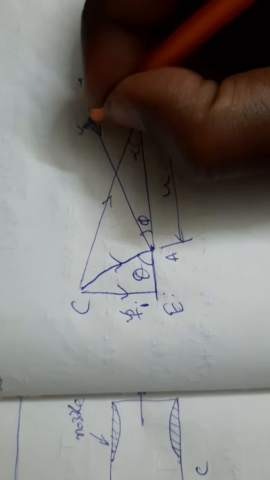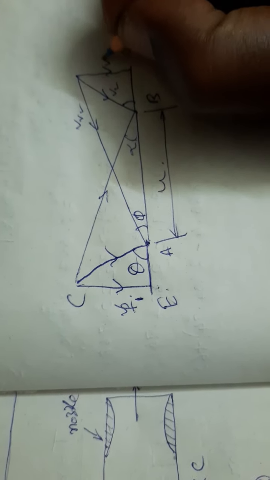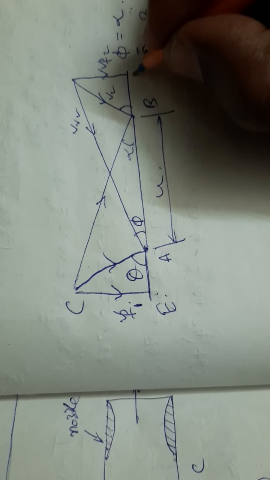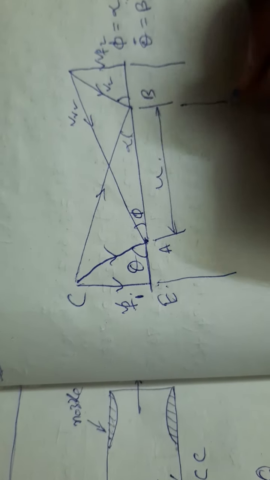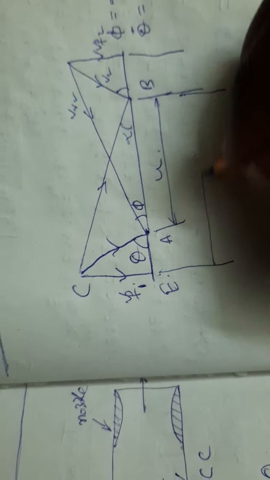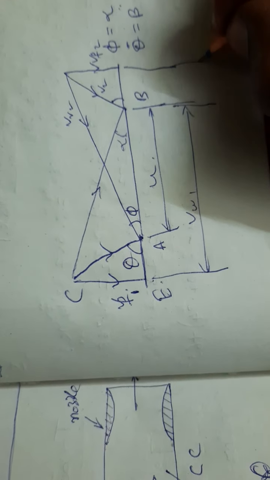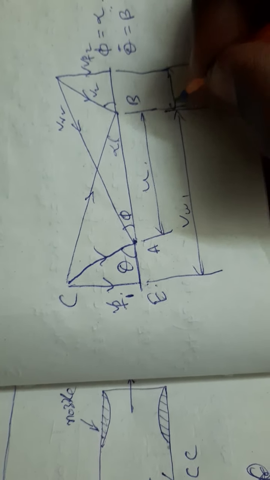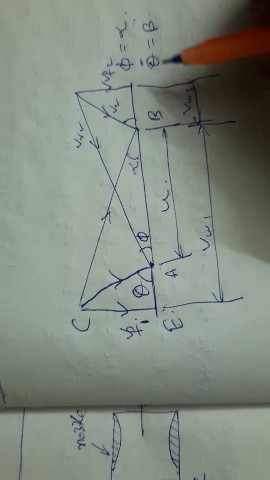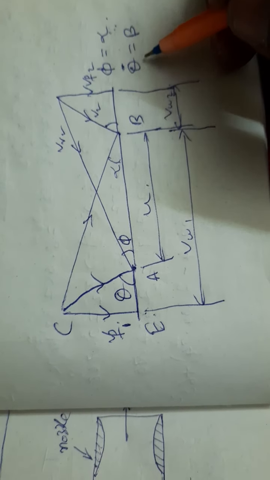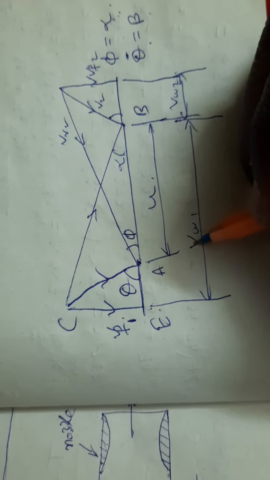So VR2, V2, VF2, VW1, VW2. Here phi equals alpha, theta equals beta.